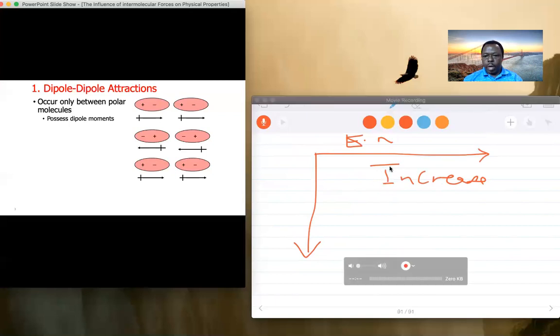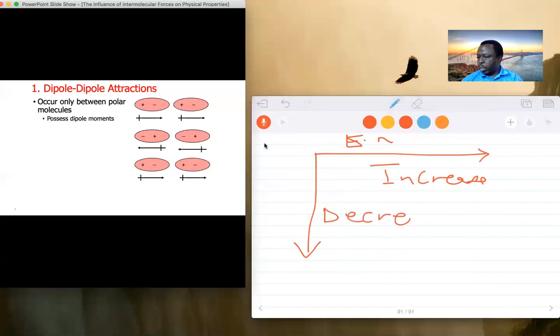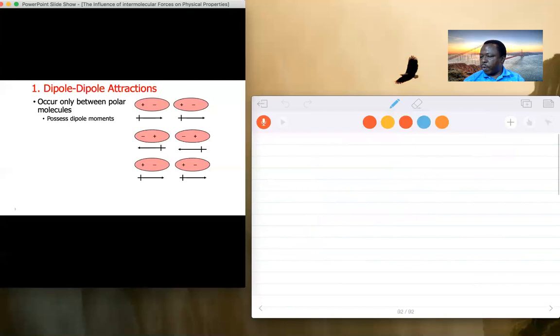Electronegativity increases going from left to right, and decreases going down the periodic table. So given a molecule, you should be able to tell where the electrons are being pulled towards. With an arrow pointing in that direction, this is how the electrons are being pulled. I can tell that the atom on this side is more electronegative compared to what I have here. An example is hydrogen fluoride.